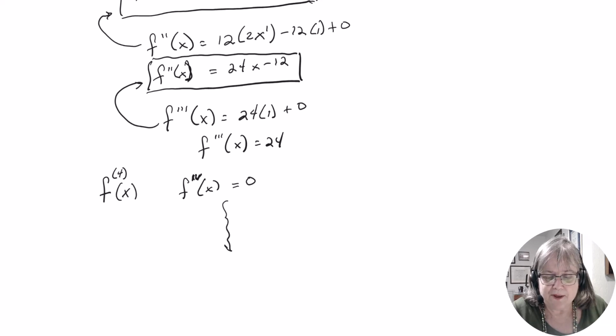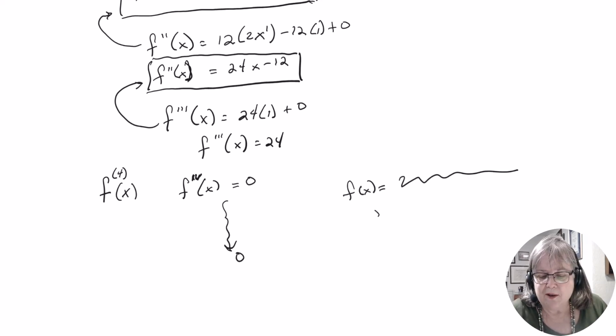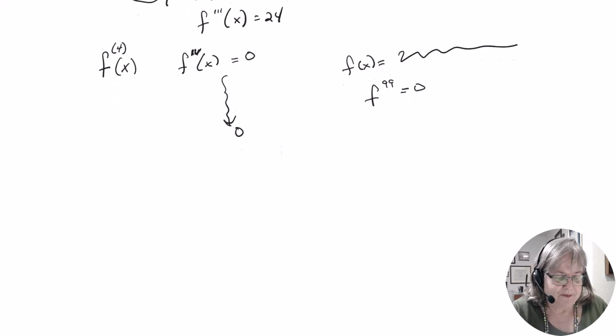So all of the rest of these down here are 0. And so sometimes people will put on a test, if you're given some sort of function, whatever that is, and they'll ask you for the 99th derivative. So unless this is like x to the 102nd or 100th or whatever, then all of these are going to be 0. And it's just sort of a trick question.